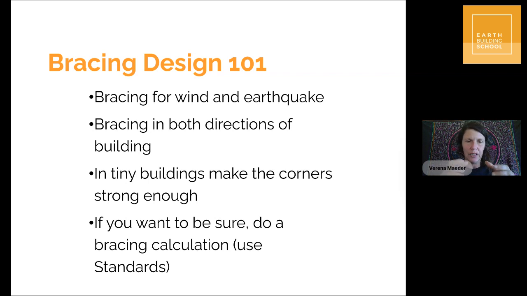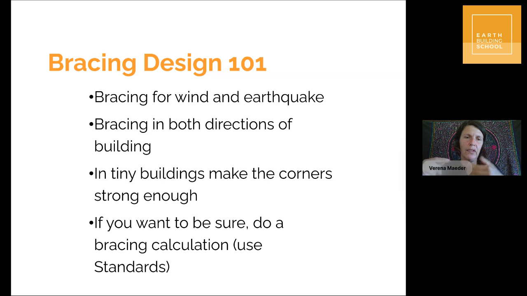You can imagine your building is like a little box, and the forces of nature come in two directions. They come from all directions, but conceptually we're thinking it's pushing along a wall and it's pushing against a wall.